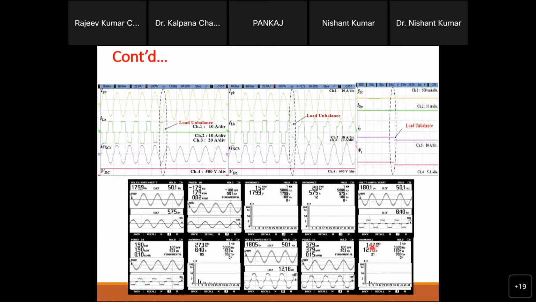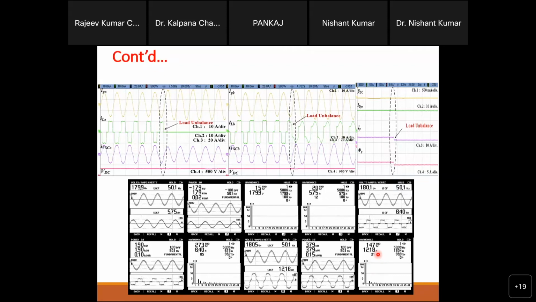This 14% THD. Why? This is the combination of this one as well as this one. And as we know, what is THD? All the harmonic components divided by the fundamental component and multiplied by 100. It is the addition of the magnitudes of all those harmonic components divided by the fundamental component.